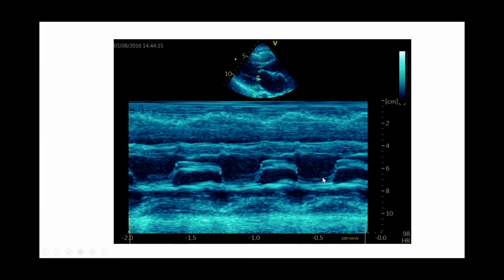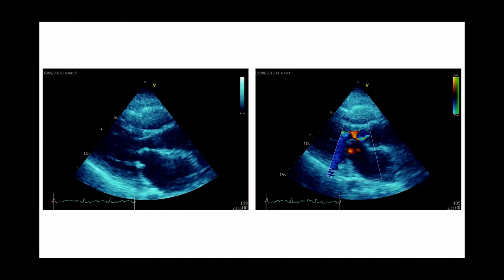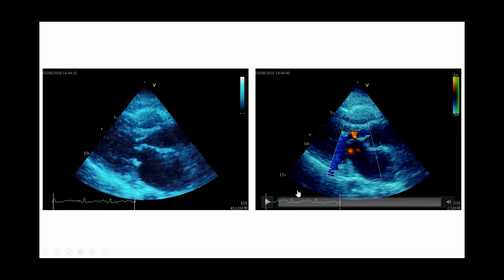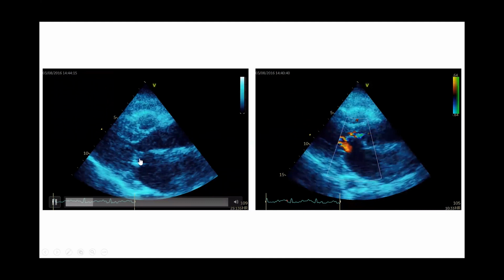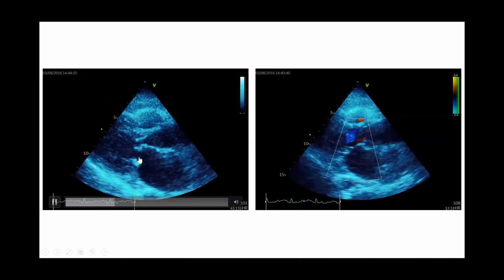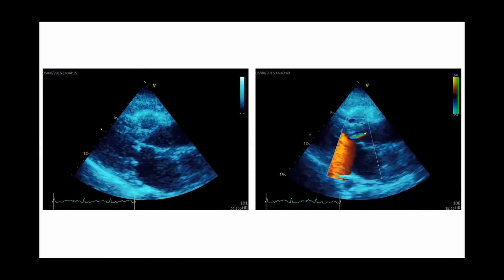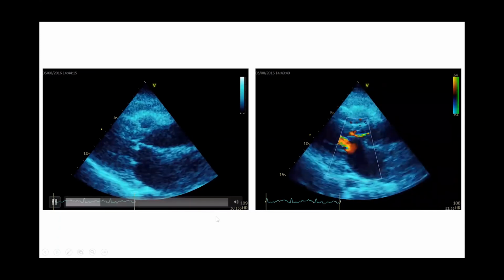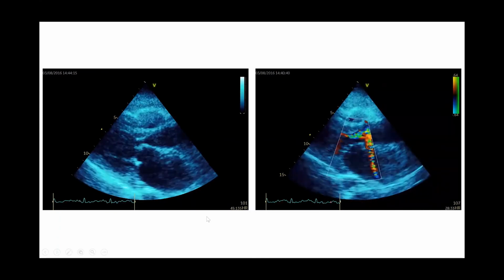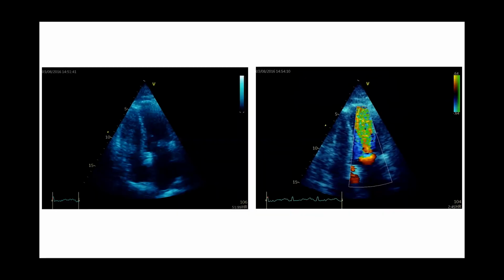On the M-mode itself, on the anterior leaflet, there is not much space even in systole. If you see on the 2D, it doesn't look like it. All right, so M-mode is a good mode, but it should not be the only mode to diagnose these things. Yep. Okay. Thanks.